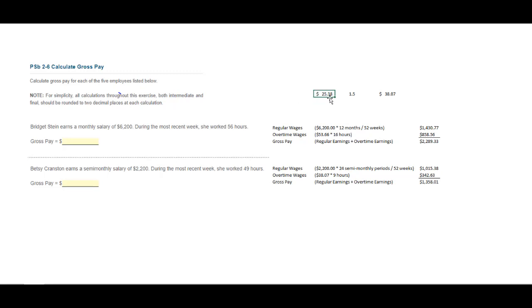So here when I did this calculation, I needed to round it to 0.38. And hence I have overtime wage rate of $38.07, and that times 9 hours comes out to $342.63. That's my overtime pay. Combined with regular pay equals the gross pay, $1,358.01.